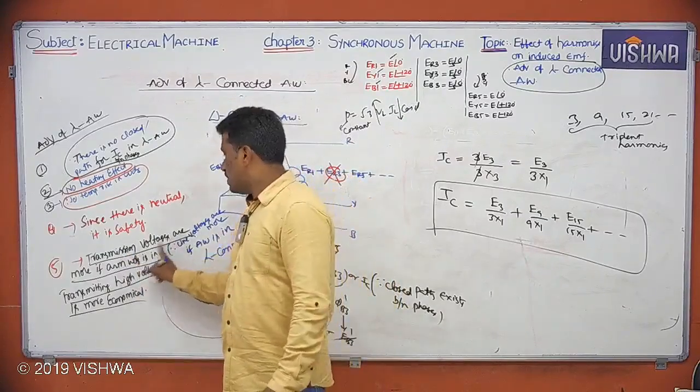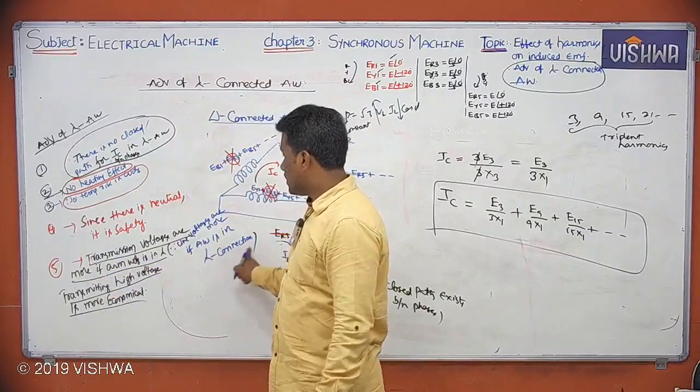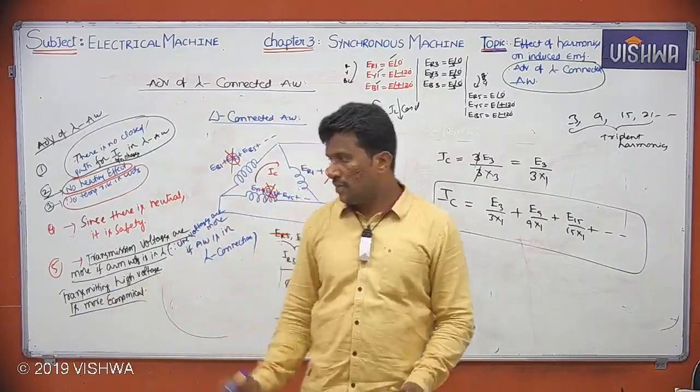Therefore, transmission voltages are more because line voltages are more if armature winding is star connection. Transmitting high voltage is more economical. These points you should understand.